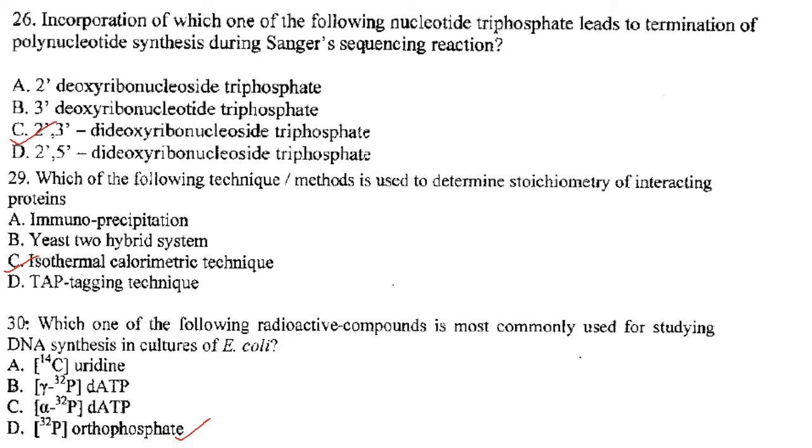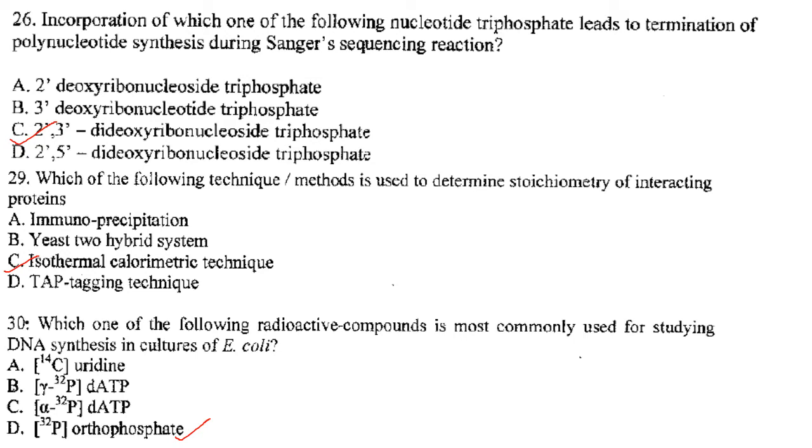Then next one, incorporation of which one of the following nucleotide triphosphates leads to termination of polynucleotide synthesis during Sanger's sequencing reaction. So you know in Sanger sequencing reaction the ddNTP is used as the terminator. So here it is 2',3'-dideoxynucleoside triphosphate, that is the ddNTP.